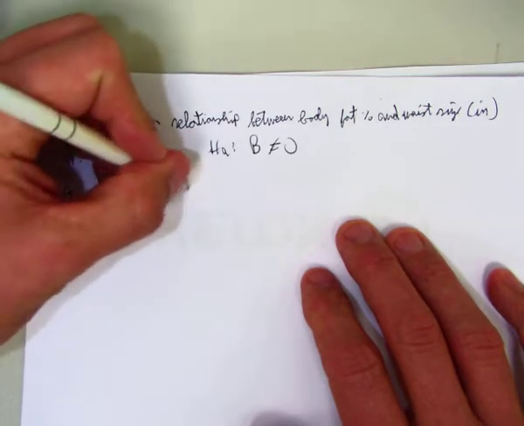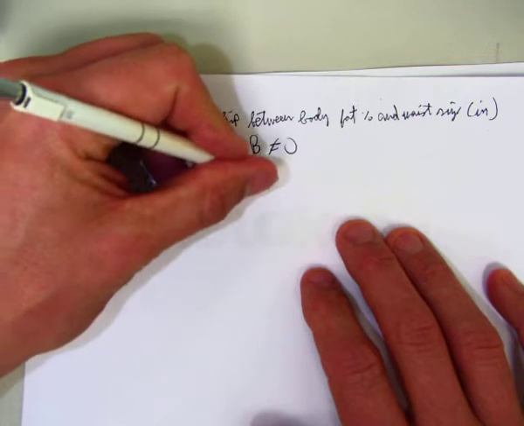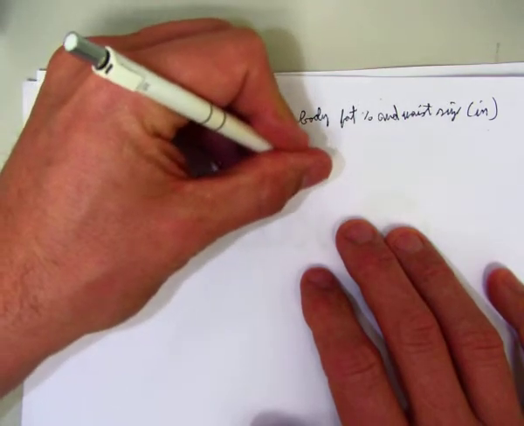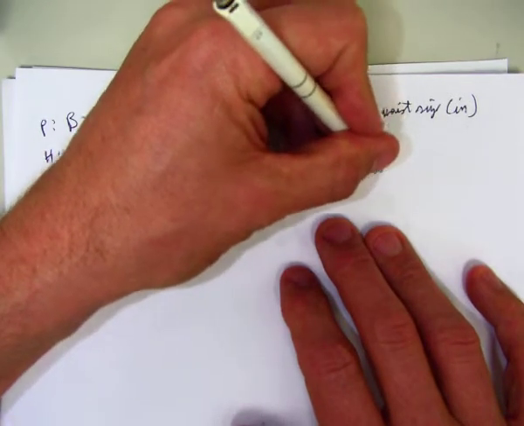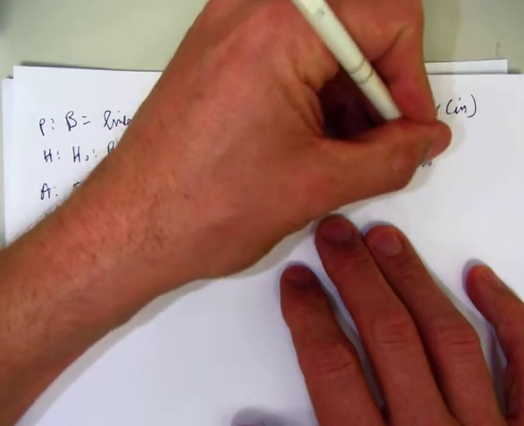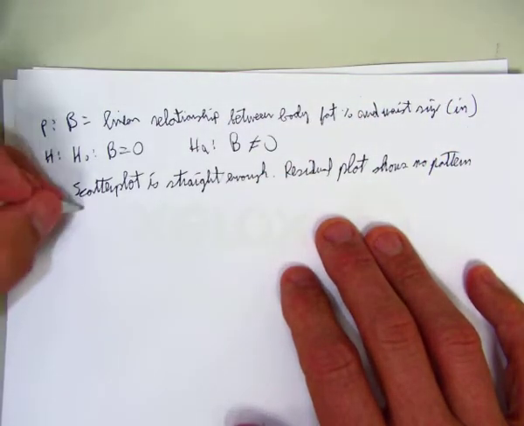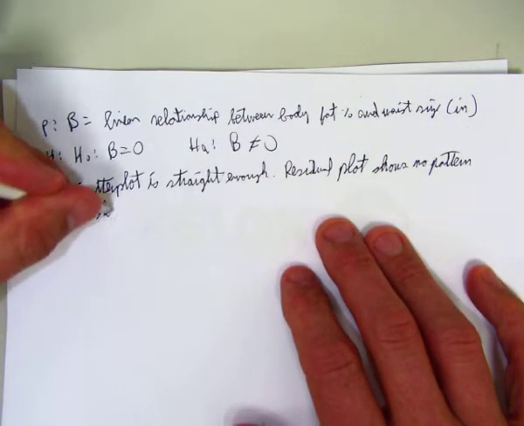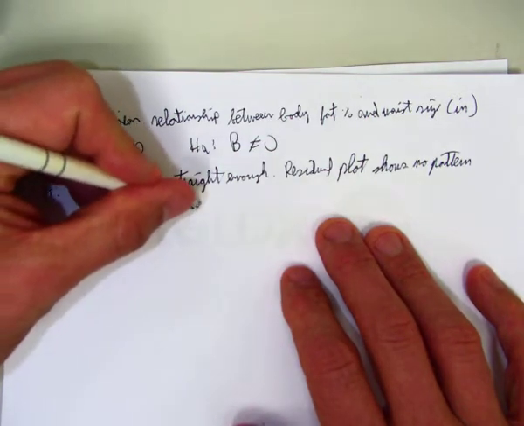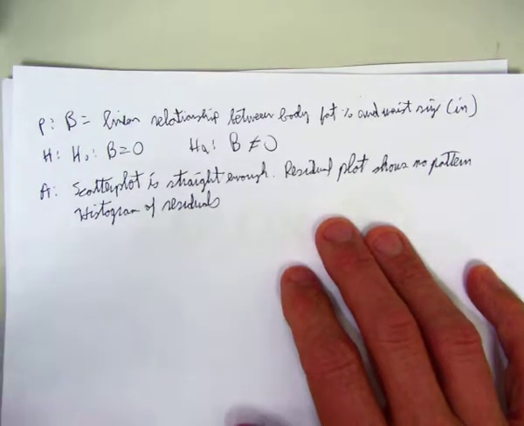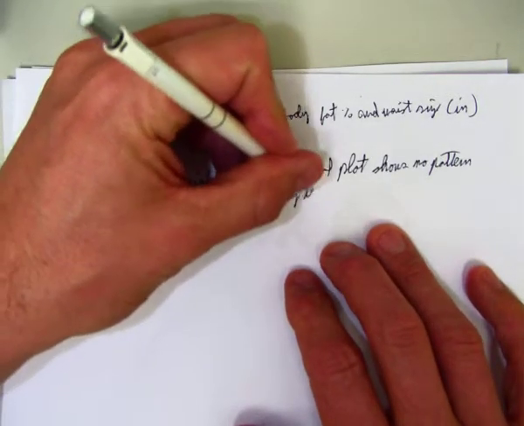The assumptions, if we look at the scatter plot, is straight enough. The residual plot shows no pattern. Okay. The histogram of the residuals is roughly unimodal and symmetric.